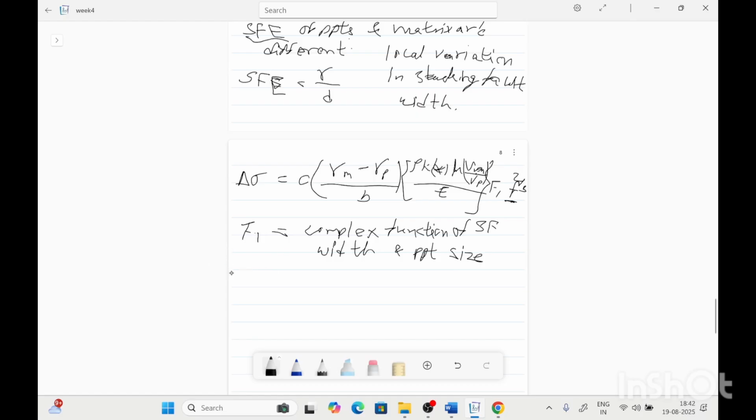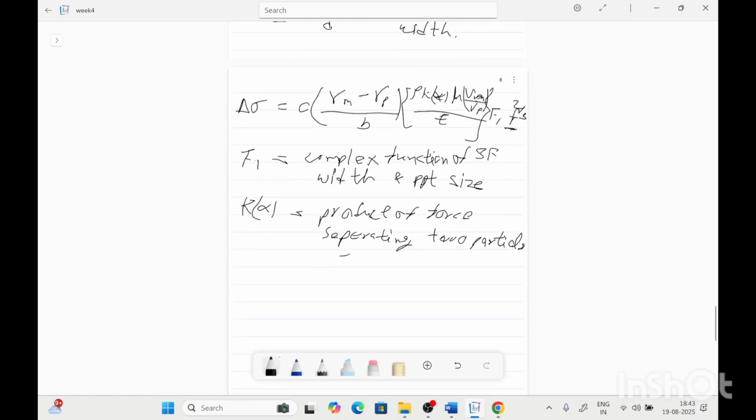K alpha is the product of the force separating the two partials and the distance between them.